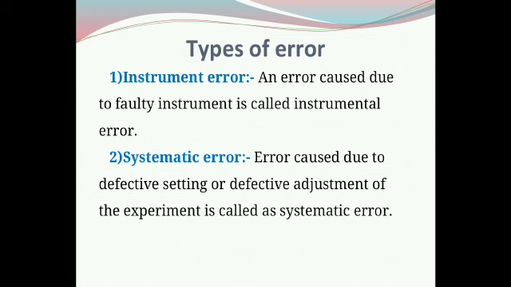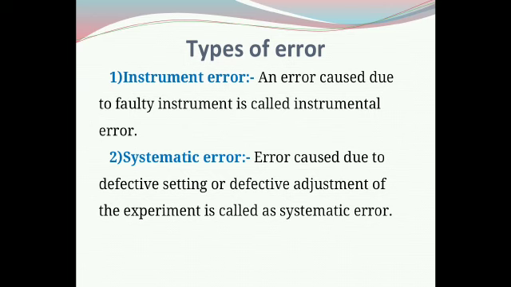Now you see the first type of error, instrumental error. An error caused due to a faulty instrument is called an instrumental error, and a fault in the instrument may be because of faulty construction or faulty calibration. What is constant error? When a number of observations taken by an instrument possess the same amount of error, that error is said to be a constant error.